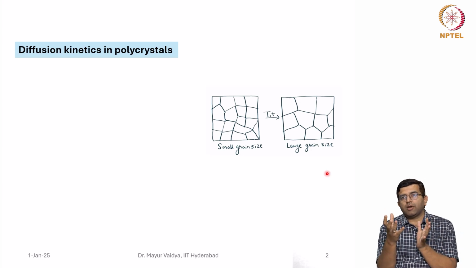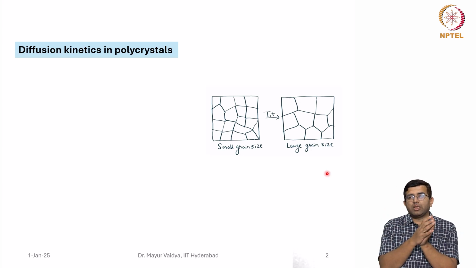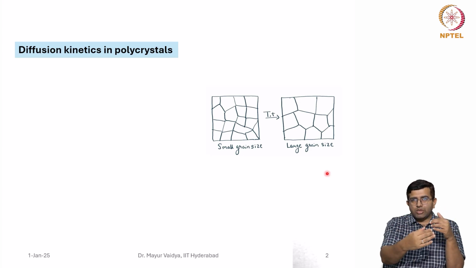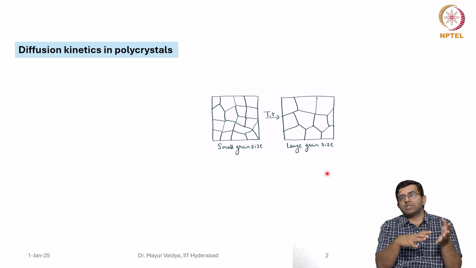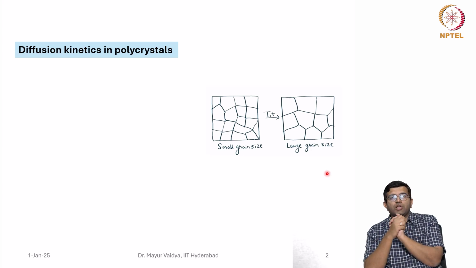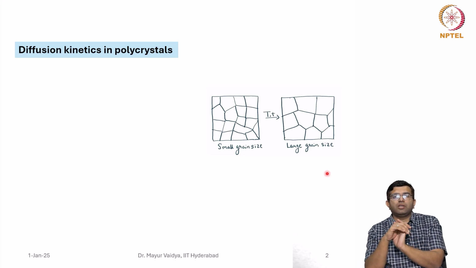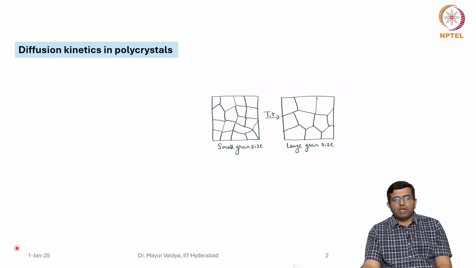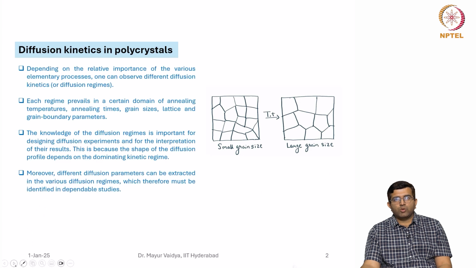So the relative contribution of the grain boundaries can change in polycrystals also as a function of temperature. Therefore, it is important to understand these grain boundary diffusion contributions specifically in polycrystals, and let us see how we do that.